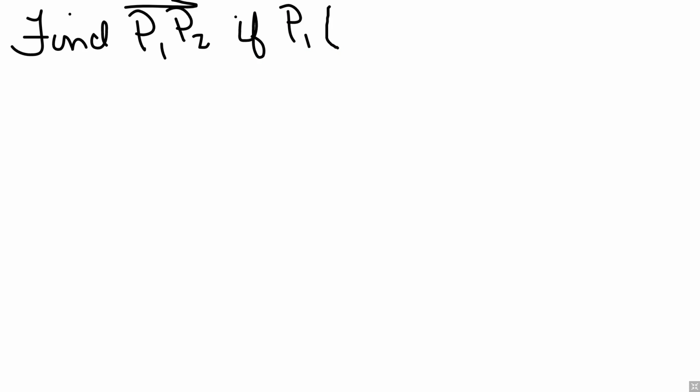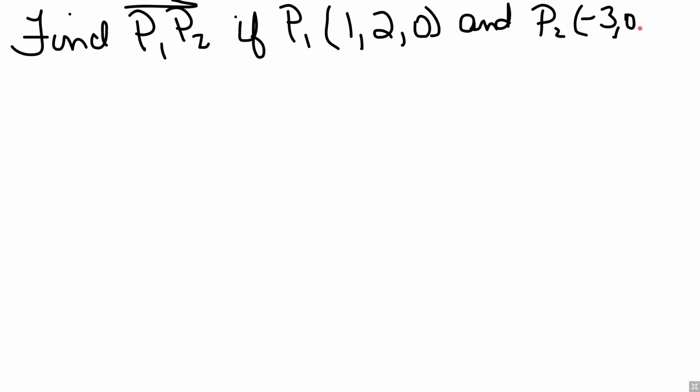So in this particular example, we want to find the vector P1P2, if P1 is defined as 1, 2, 0, and P2 is defined as negative 3, 0, 5. And we're going to write it in the ijk component form, so we're going to put those i, j and k units in.